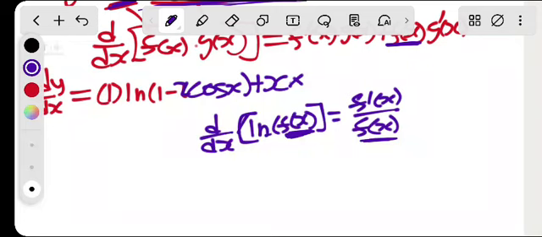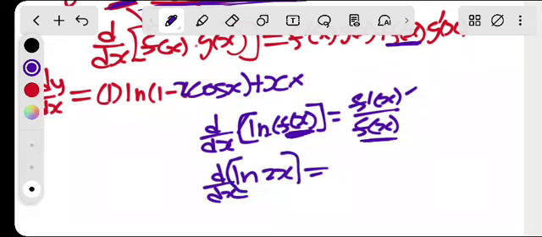let us make an example. Let's say we have ln 2x. If you differentiate this, it will simply equal what? The f of x prime: you differentiate what is inside, which is 2.